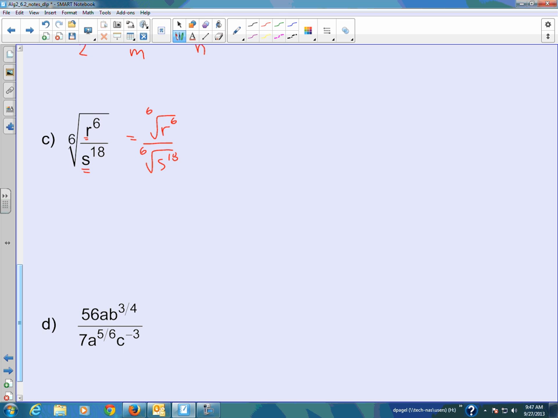And here we have powers and roots matching, so I just get an r up there. And then here we go, asking the question, how many groups of 6 go into an 18? 3 groups of 6. Again, how did I get that? S to the 3rd to the 6th power is the same thing as s to the 18th. Matching the root to the power, giving me just the base as my solution.